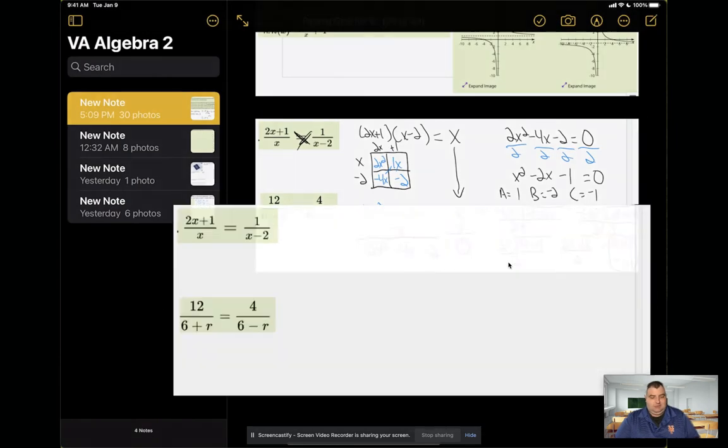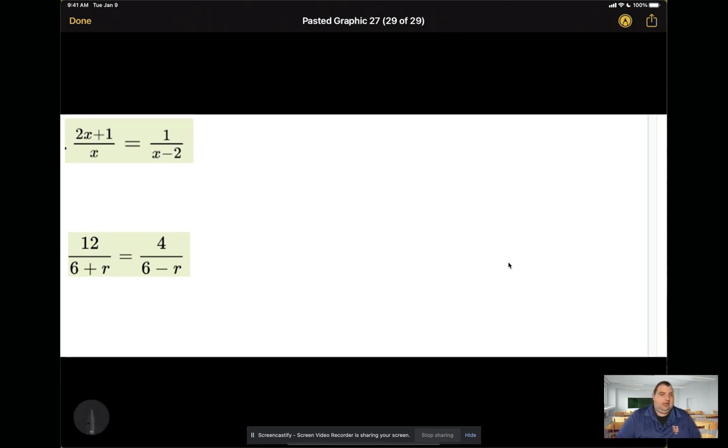Second example, now I have 12 over (6 plus r) equals 4 over (6 minus r). When I cross multiply here, that's going to be 12 times (6 minus r) equals 4 times (6 plus r).